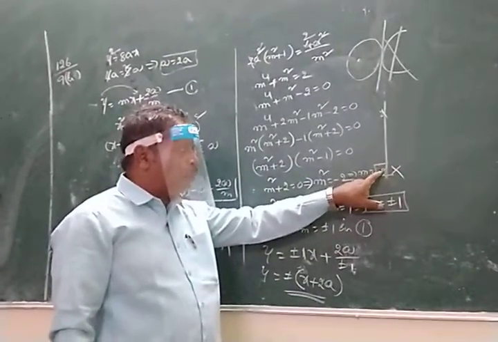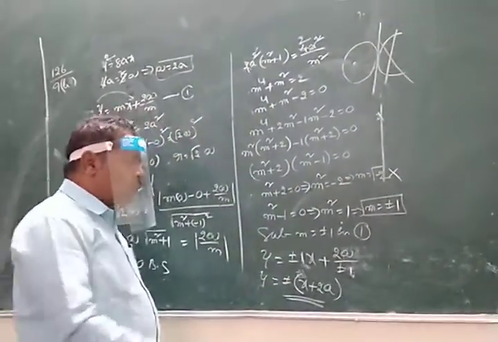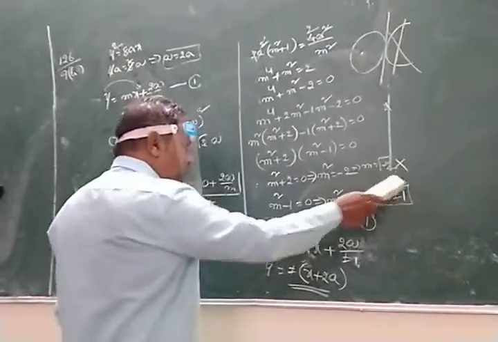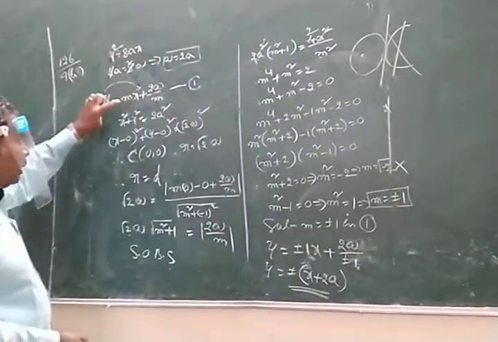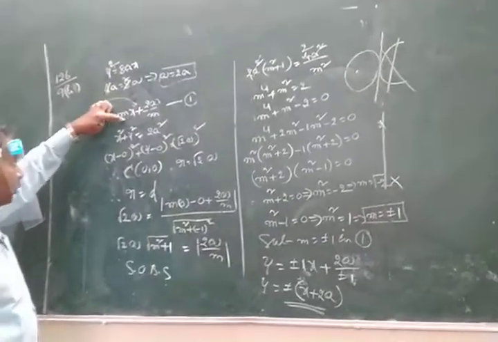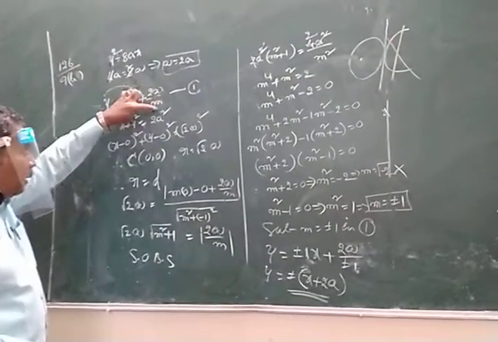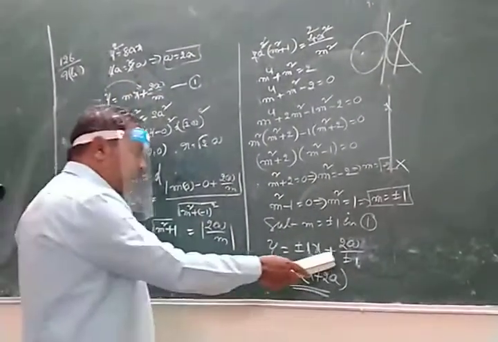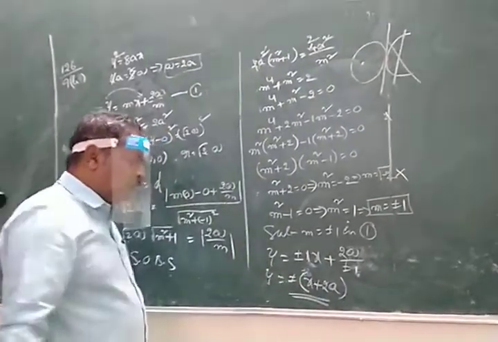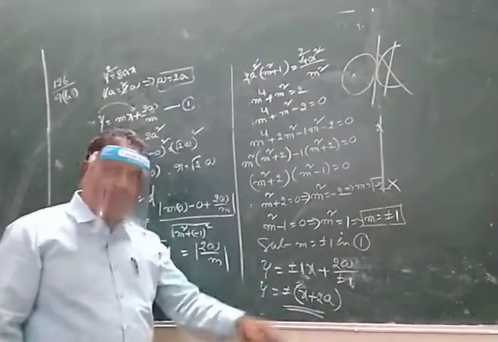So substitute this m value in the first equation, plus or minus 1. Take plus or minus common: x plus 2a.